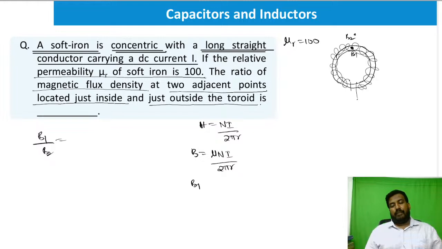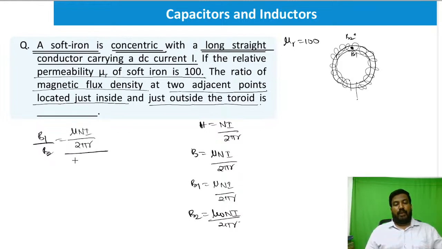Therefore, B1 inside the toroid is mu Ni by 2 pi r. B2 outside the toroid is mu naught Ni by 2 pi r. I want B1 by B2, which is mu by mu naught.